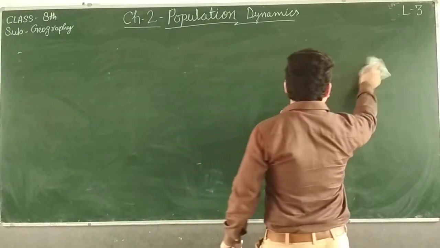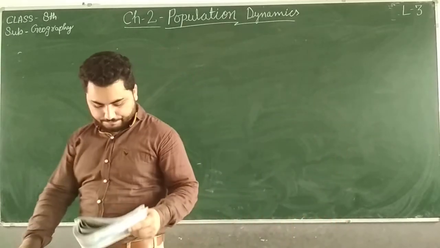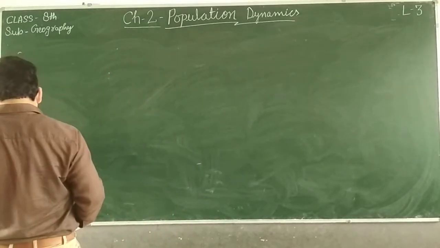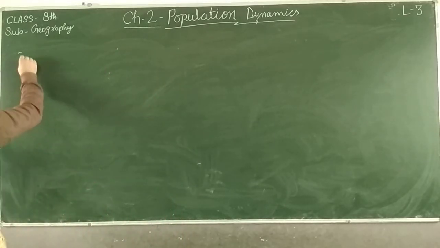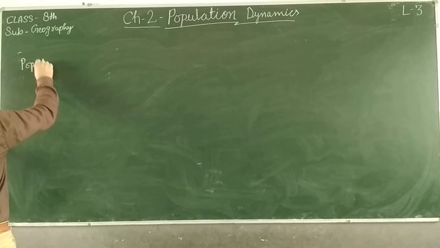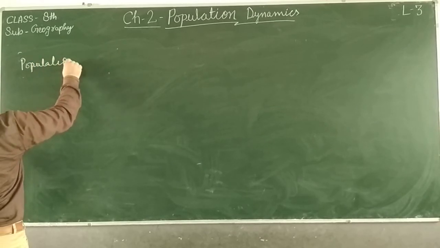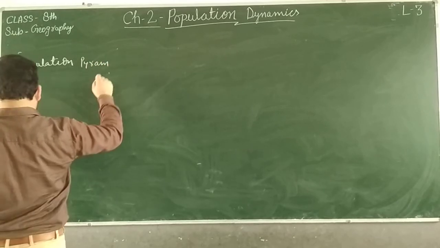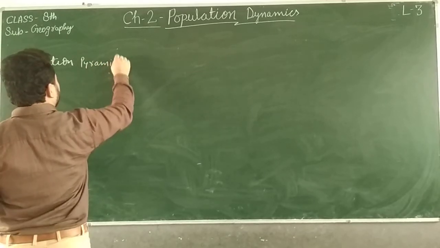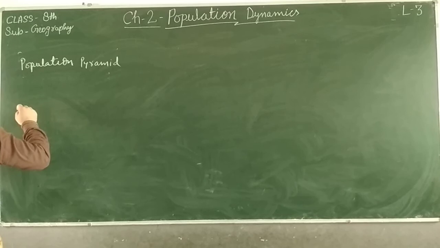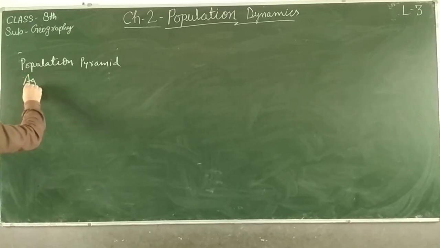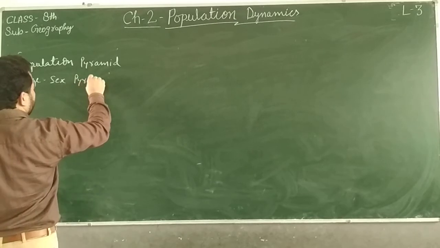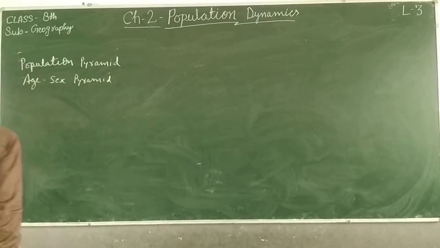That can be done by a pyramid, which is called a population pyramid or age sex pyramid. Population pyramid is also known as age sex pyramid.